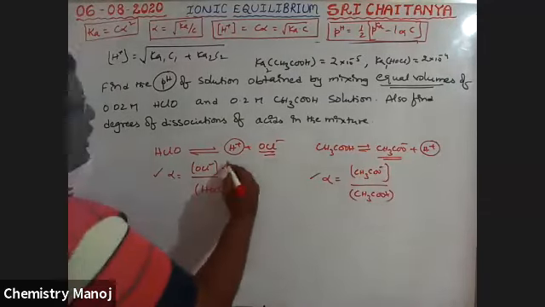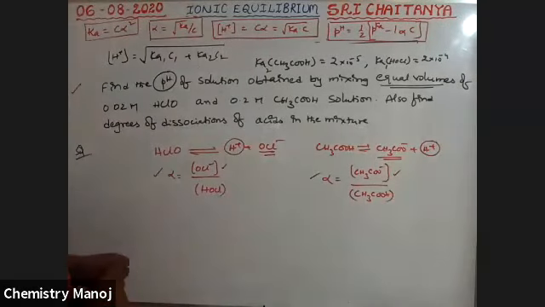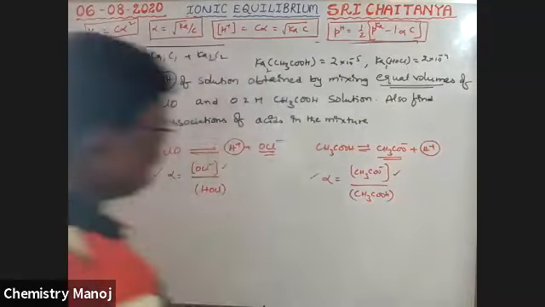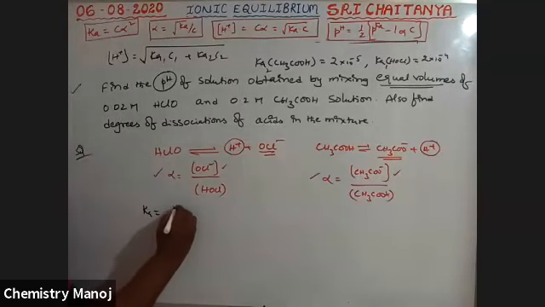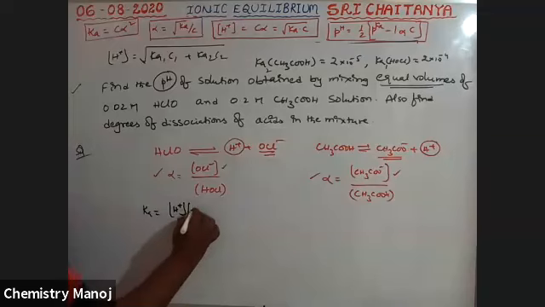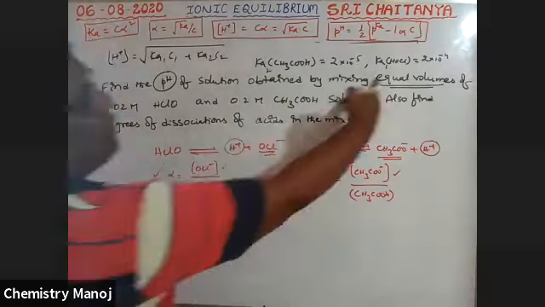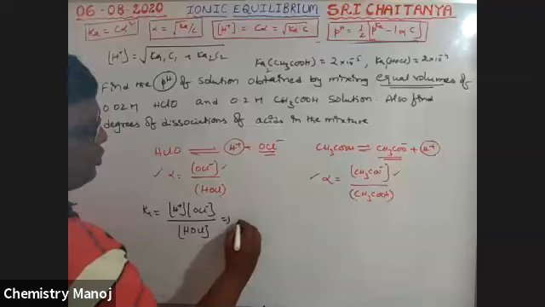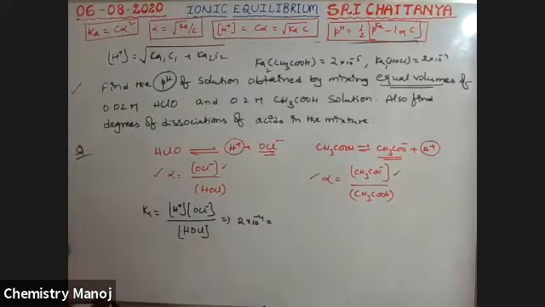How do we calculate this OCl minus concentration? My target is the OCl minus concentration. Here my target is the CH3COO minus concentration. Use the Ka value for this one. Ka for this equation is H plus concentration into OCl minus concentration by HOCl concentration. So the Ka value is 2 into 10 power minus 4, equal to H plus concentration, how much is it?